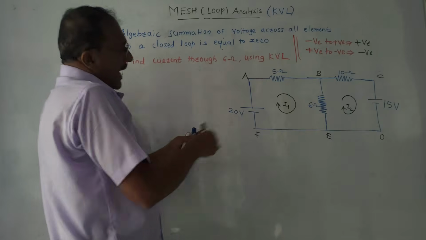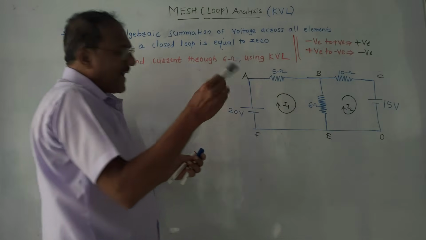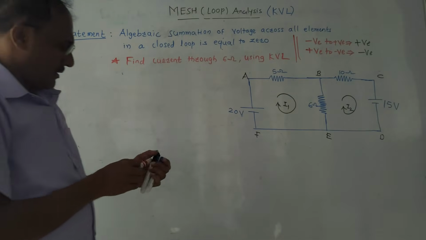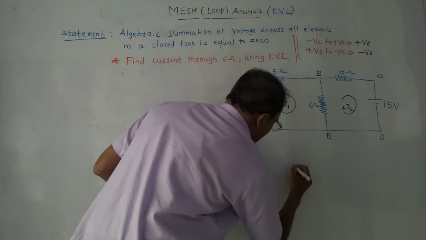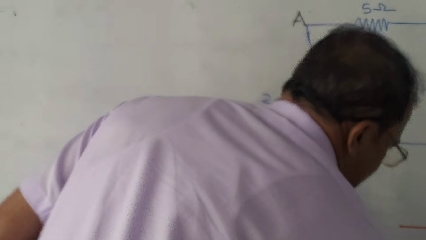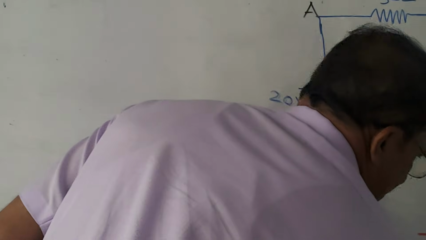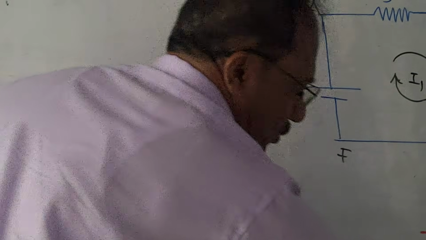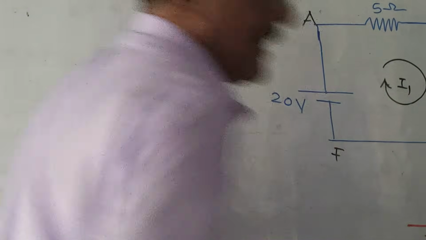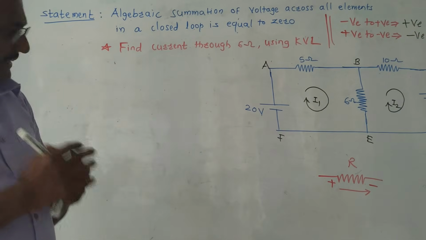So, I need to follow these 2 rules for how to assign the polarities. Do remember the basic point. If I have one resistor like this, and if current is moving from left hand side to right hand side, then mark plus sign at the left hand side, minus sign at the right hand side. This is the basic thing.